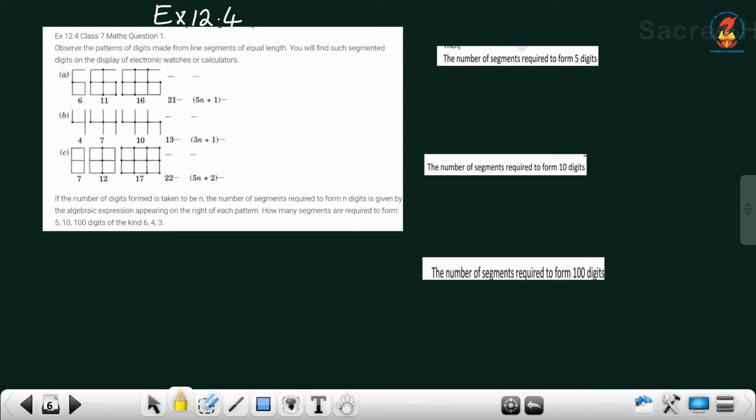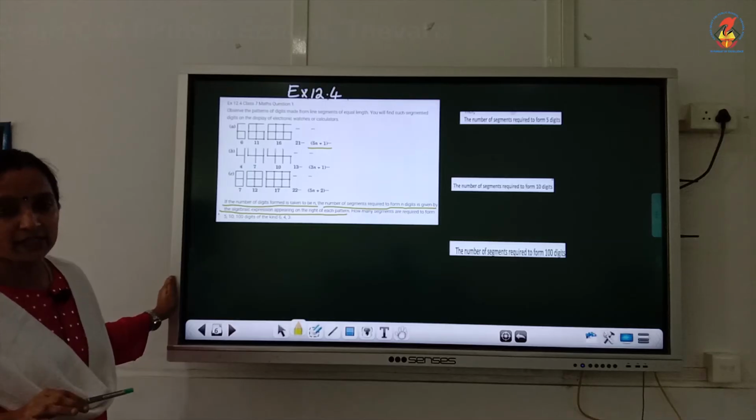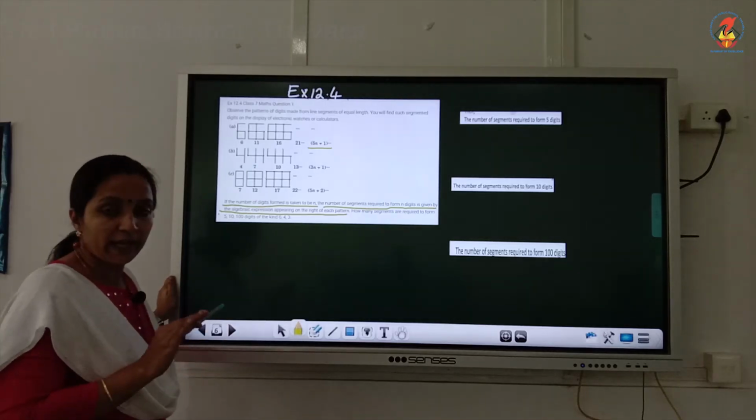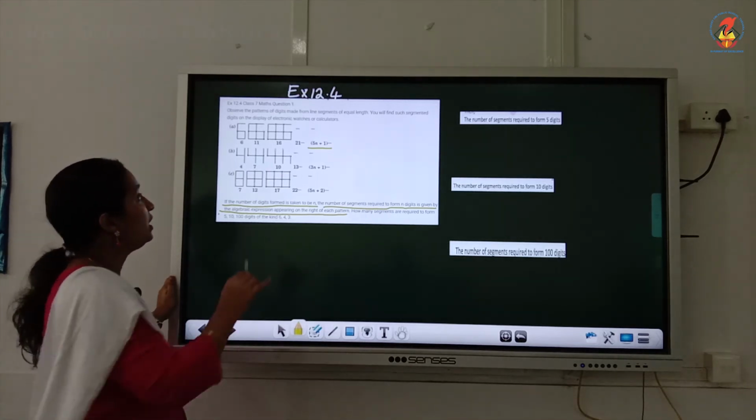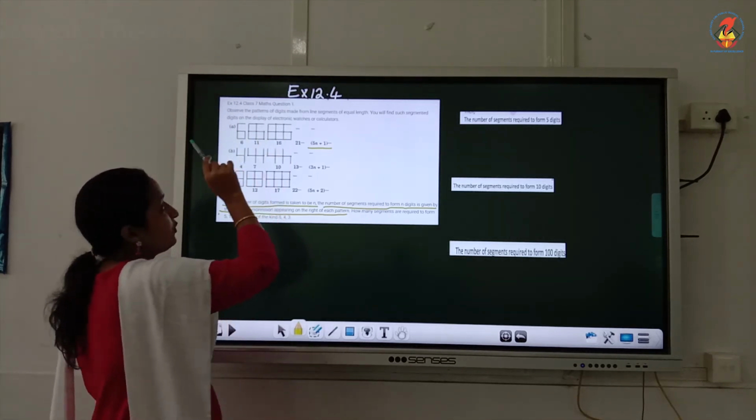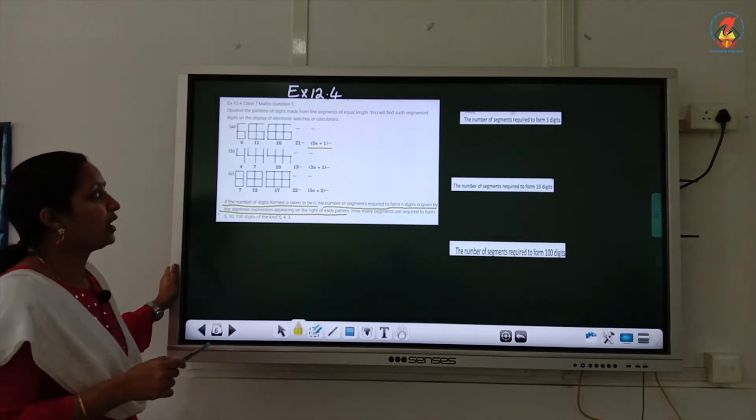Some patterns are given there in the question, and if the number of digits formed is taken to be n, the number of line segments required to form n digits is given, the algebraic expression appearing on the right of each pattern. So 5n plus 1 means the number of line segments required to form this pattern of n digits is 5n plus 1.